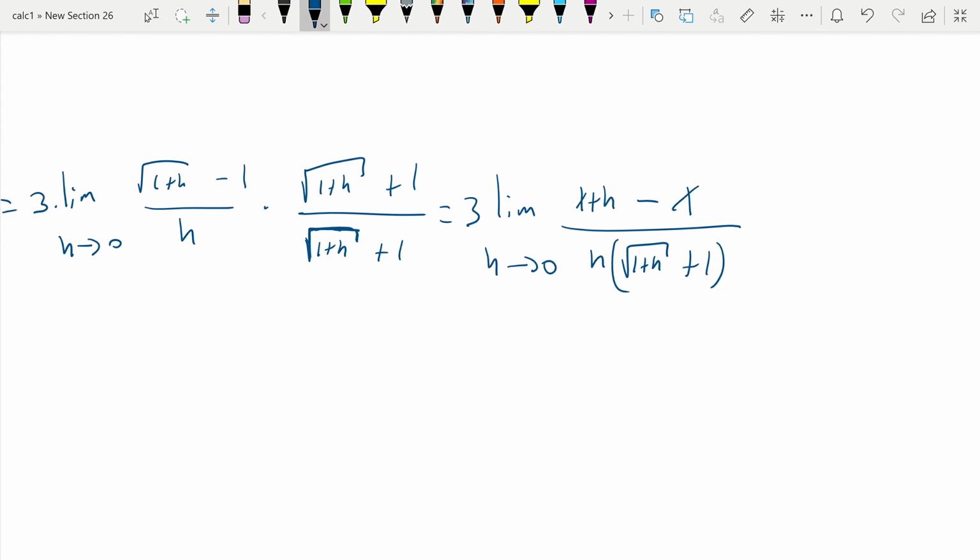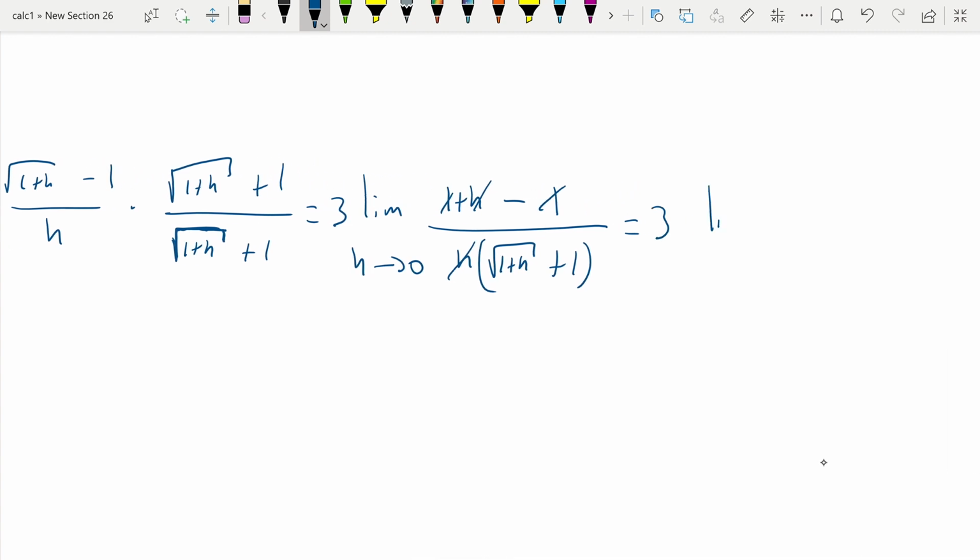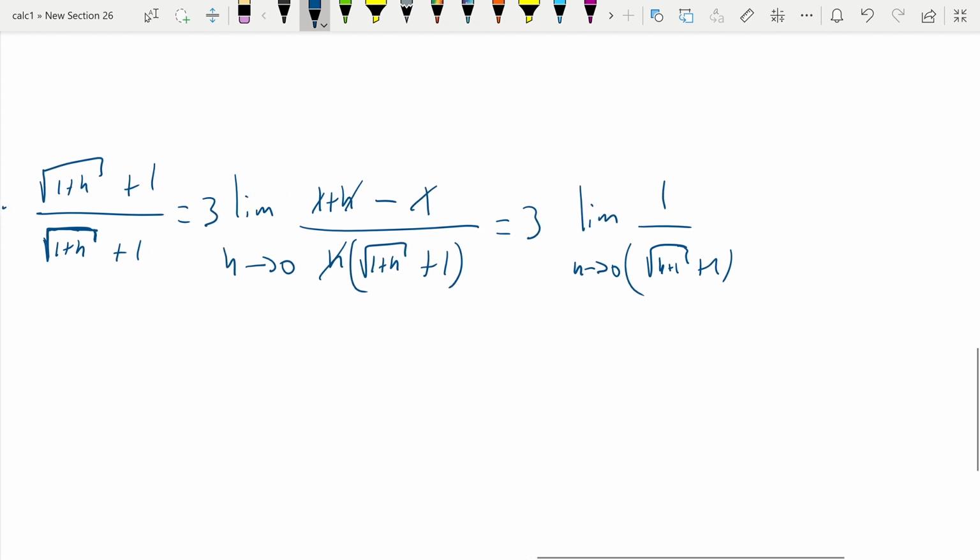So the 1's cancel out here, and we have an h on the top that can be cancelled out with the h on the bottom. So we get 3 times the limit of 1 over the square root of 1 plus h plus 1, as h approaches 0. So we write this.